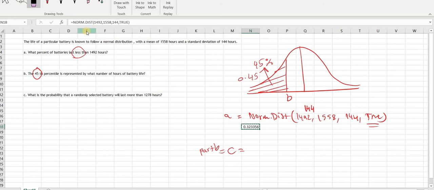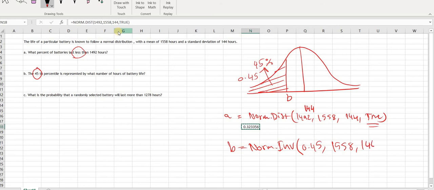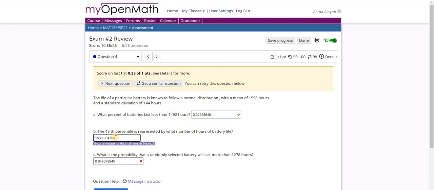So B equals NORM.INV of the area to the left of that missing number, 0.45, comma, the mean 1558, comma, the standard deviation. That should answer the second part of the question. NORM.INV 0.45, 1558, 144. And the answer is this one. I'm going to copy it and paste it there, just to make sure the answer is correct.